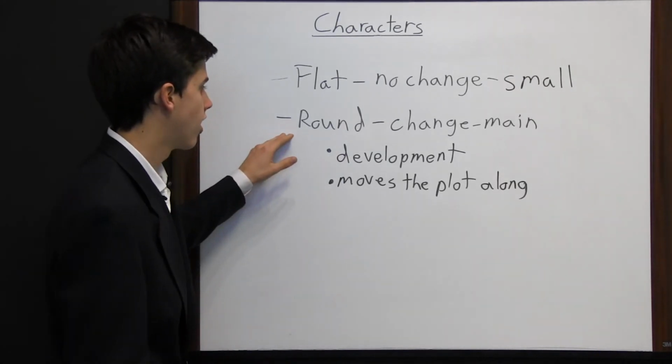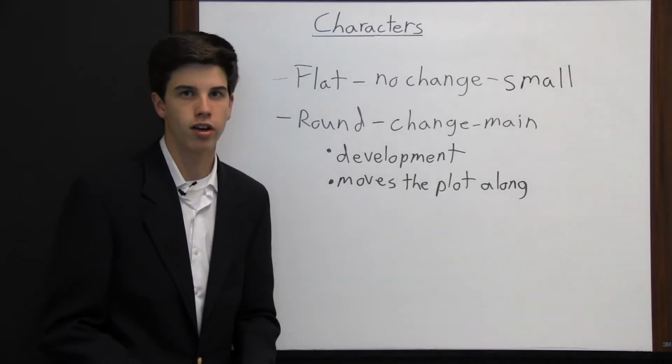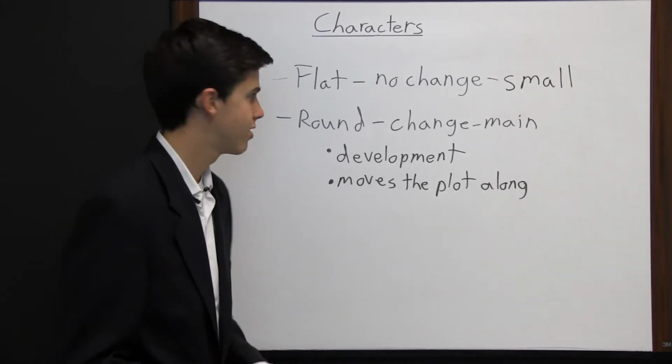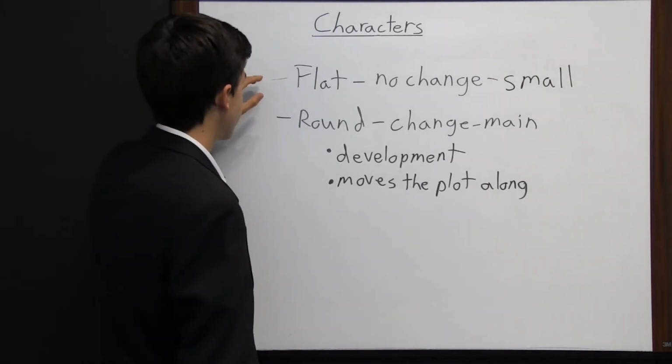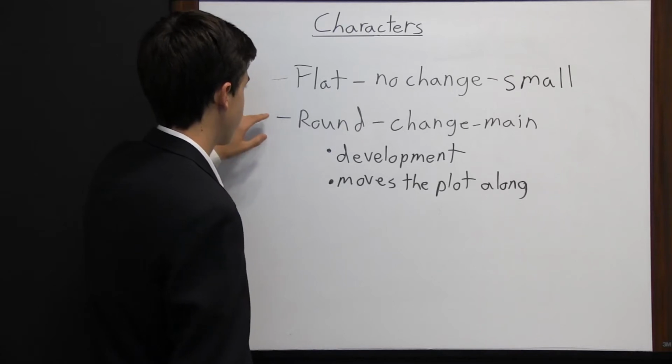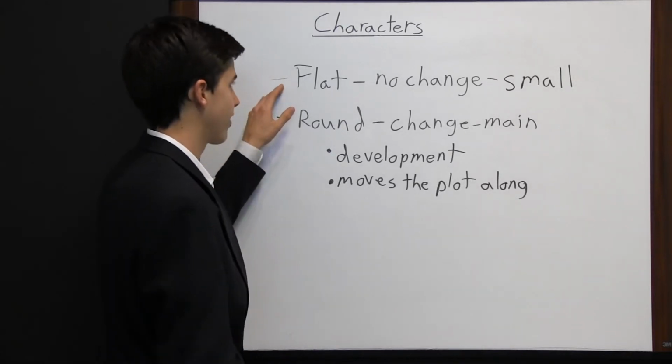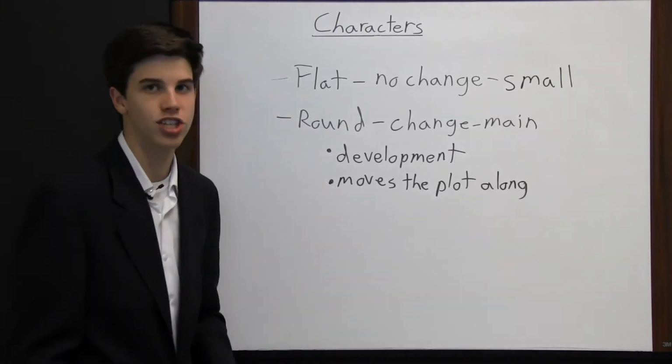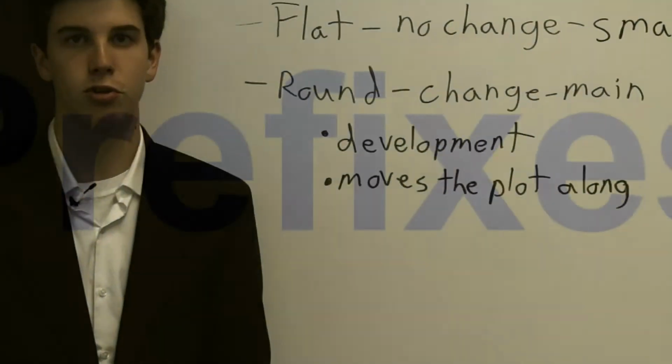So round characters are essential to moving the plot along. But the important thing to take away from this, if you remember one thing, is that characters can be split up into flat characters and round characters. Flat characters having the same personality and round characters changing in personality throughout the story.